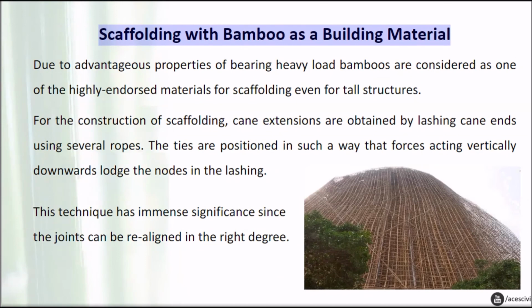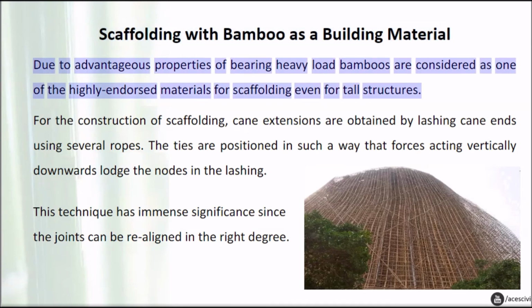Scaffolding with bamboo as a building material. Due to the advantageous property of bearing heavy loads, bamboo is considered one of the highly endorsed materials for scaffolding, even for tall structures.